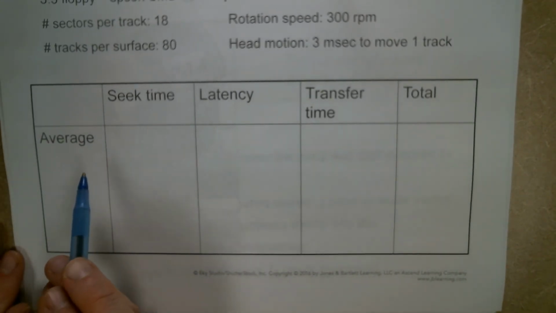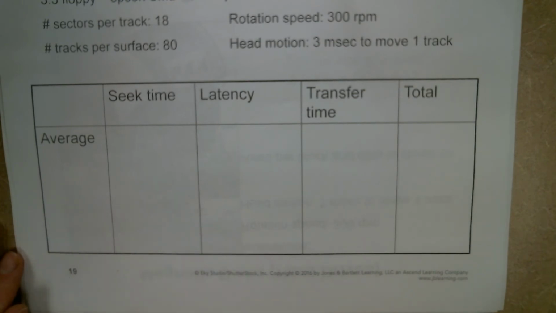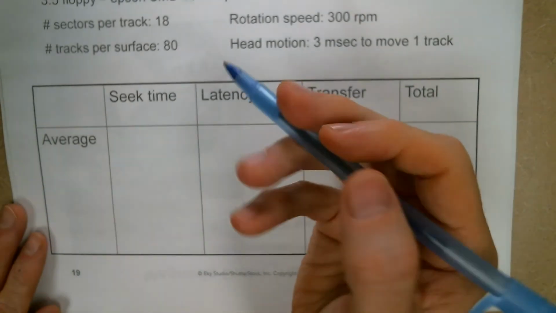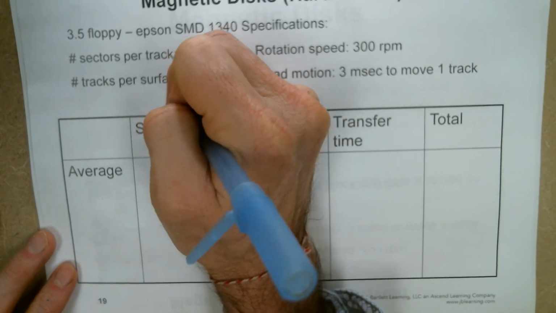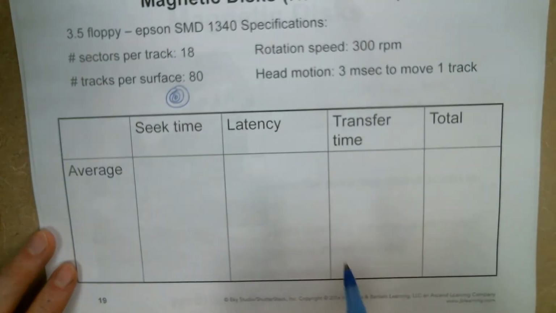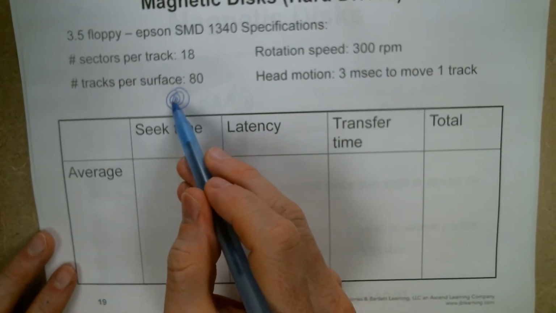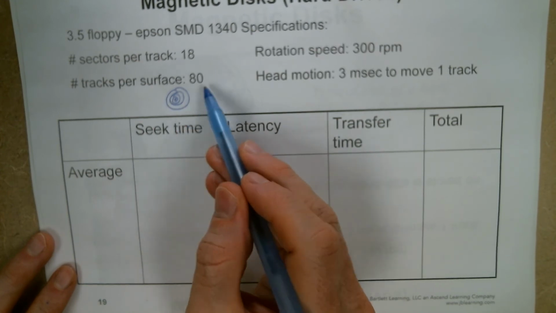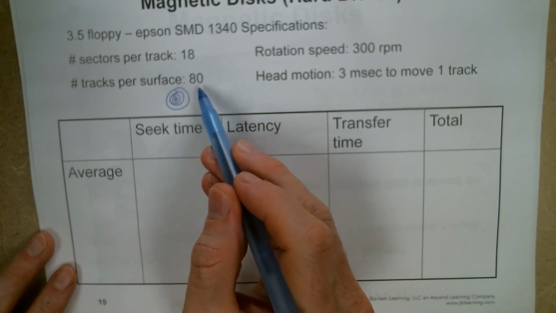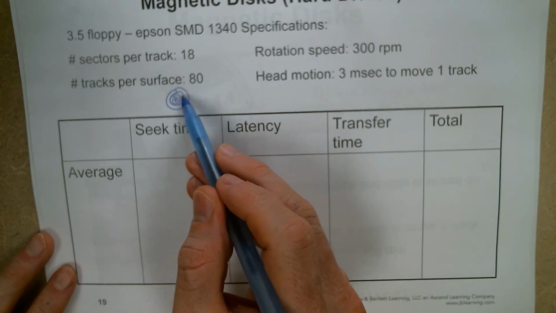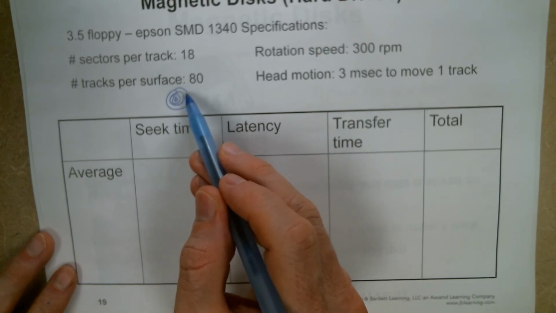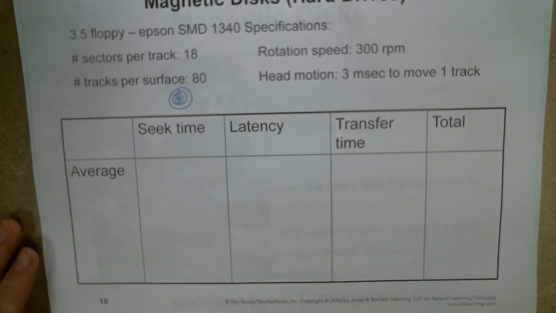Now, when we're talking about the average seek time, you have to remember you've got your tracks here, all right? And sometimes you're going to have to move pretty much the whole distance. Sometimes you're going to only have to move half of the distance. Sometimes you're going to be in the middle and you only have to go a little up. Sometimes you have to go in the middle down.